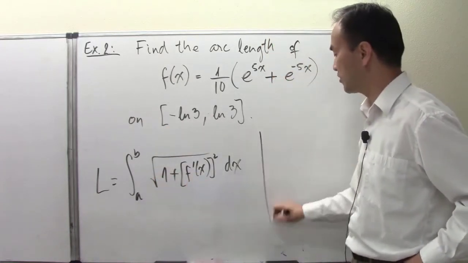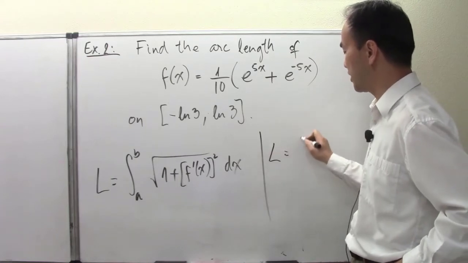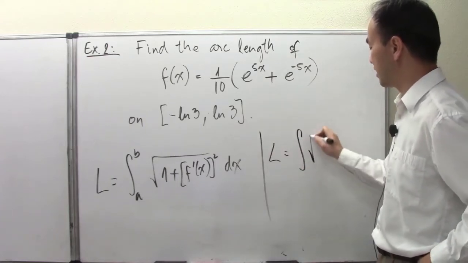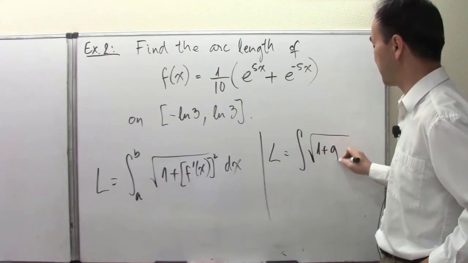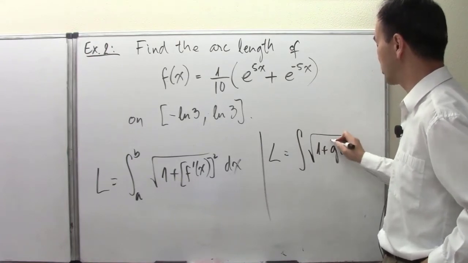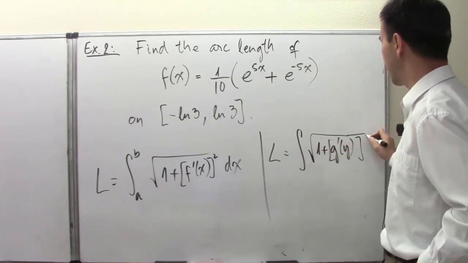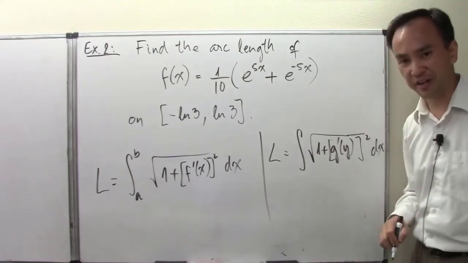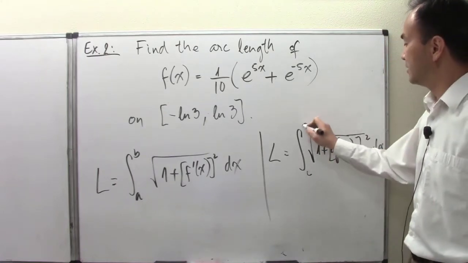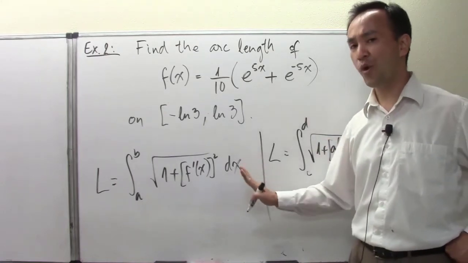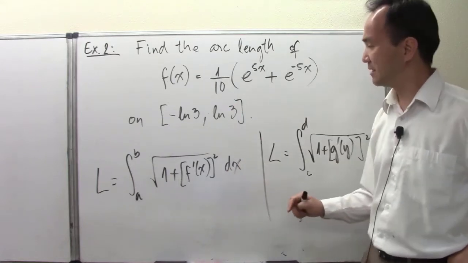Or we also have a choice to set up the integral as an integration with respect to y. I have also mentioned this in the general discussion part of our lecture. Have a quick thought about this.